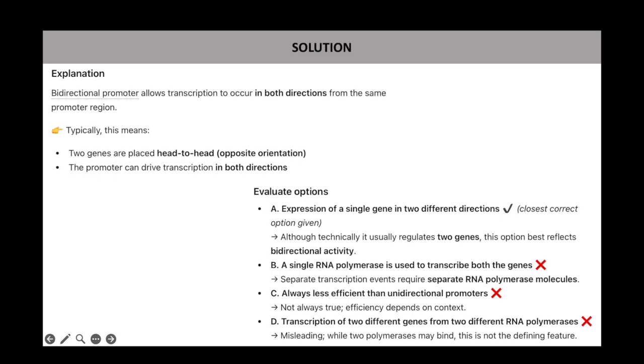The first option was expression of a single gene in two directions. Yes, this was the exact definition of bidirectional promoters. The expression of a single gene in two different directions is also possible. For example, if the promoter is present here, the gene can be present in both directions, the same gene, derived from here and from here.